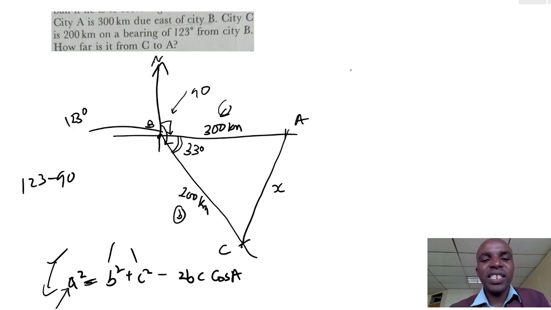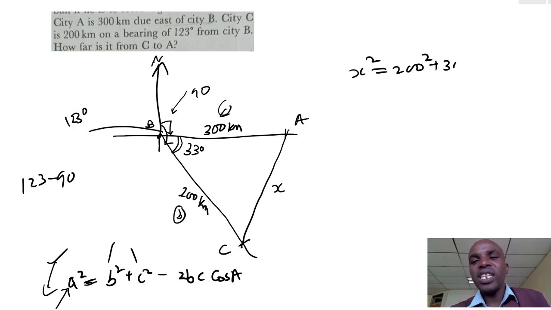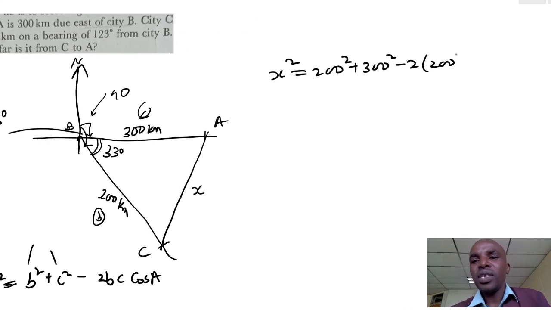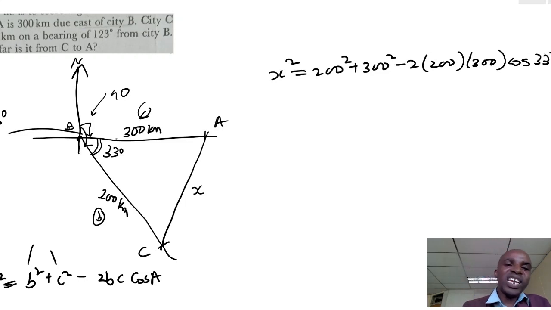So my A is X. I can substitute now: X squared is equal to B squared, that is 200 squared, plus C squared, 300 squared, minus 2 times 200 times 300 times cos of the angle, that is 33 degrees. This is my triangle ABC.